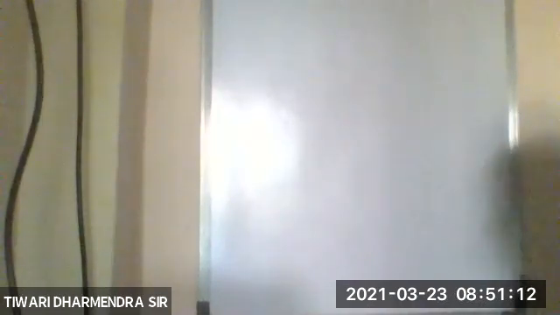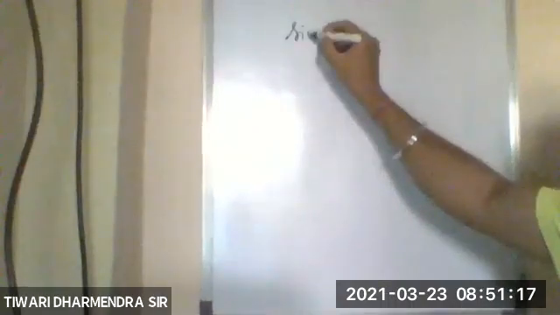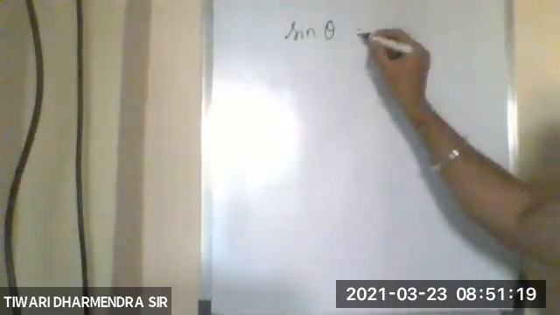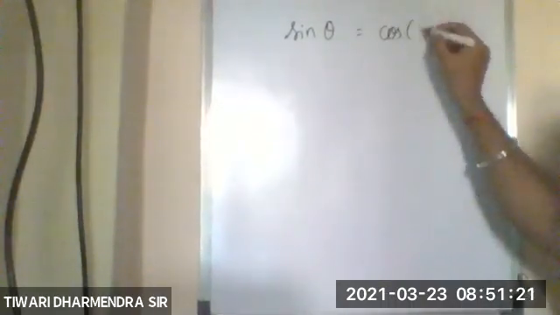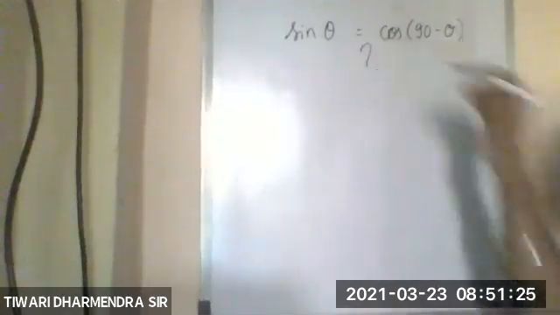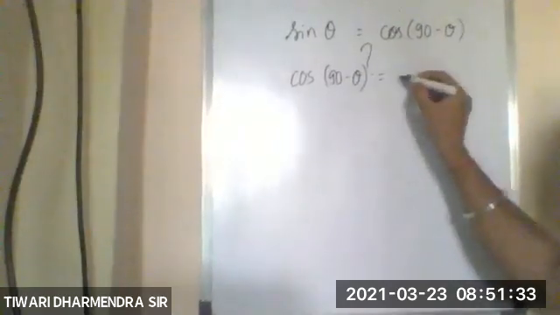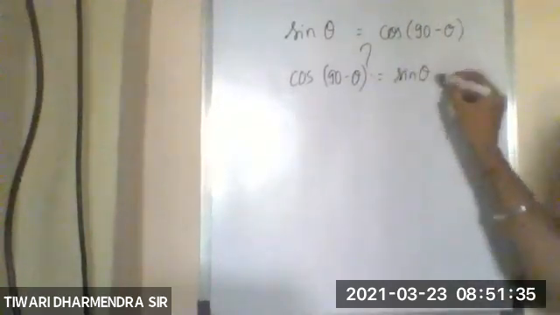trigonometric ratios. For example, how can we write sine theta in terms of cos 90 minus theta? How is it possible? This is a question mark. How can we write cos 90 minus theta as sine theta?